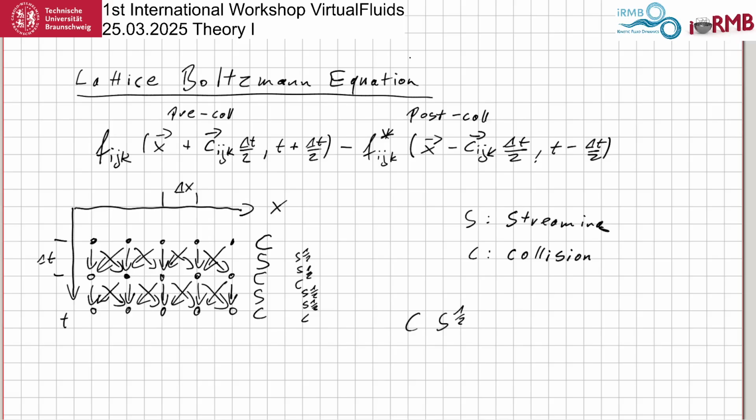What is a 1/2 a streaming? And I said, 1/2 a streaming is streaming half the distance. So you do a collision, you stream half the distance, and you stream half the distance again, and then you have a collision, and then you stream half a distance, and then you stream half a distance.